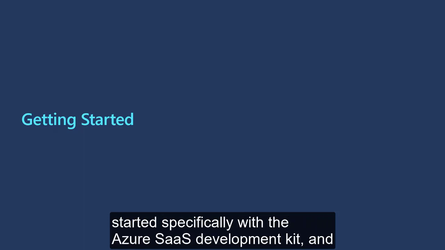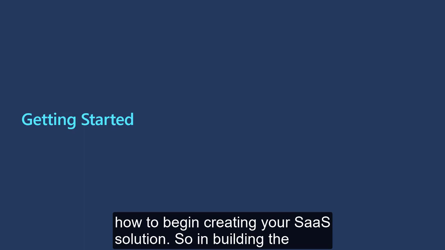In this portion, in part 4, we're going to look at how to get started specifically with the Azure SaaS Development Kit and how to begin creating your SaaS solution.